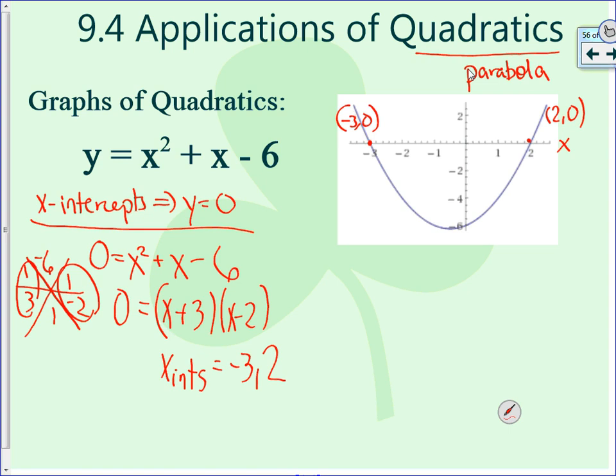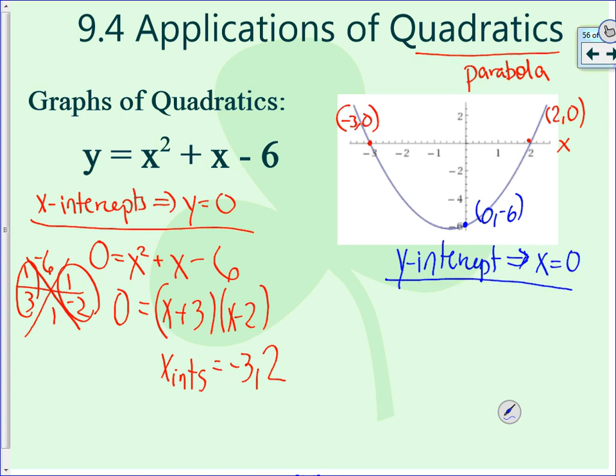All right. This graph also has a y-intercept. The y-intercept occurs where the graph crosses the y-axis. What's the coordinates of that point, Amelia? 0, -6. So notice, if you're at the y-intercept, the x value is 0.